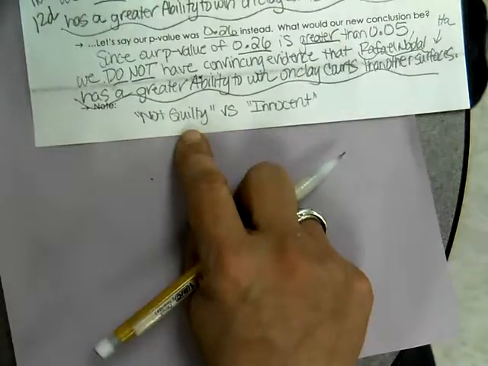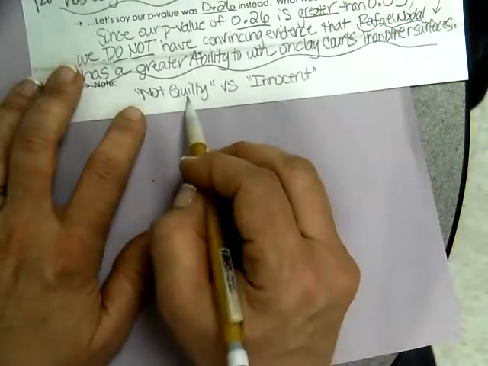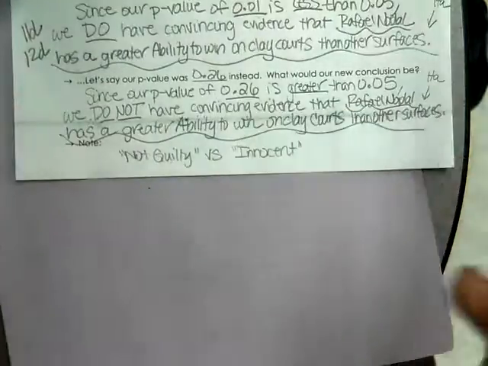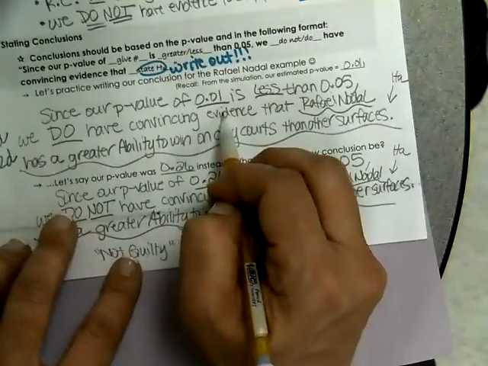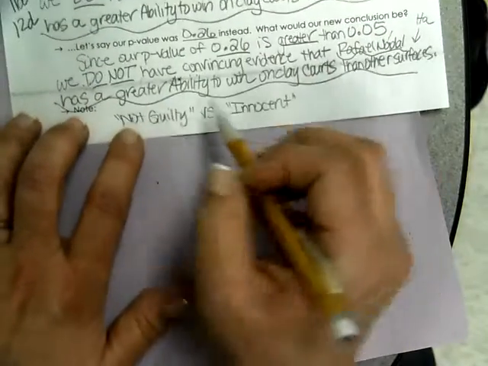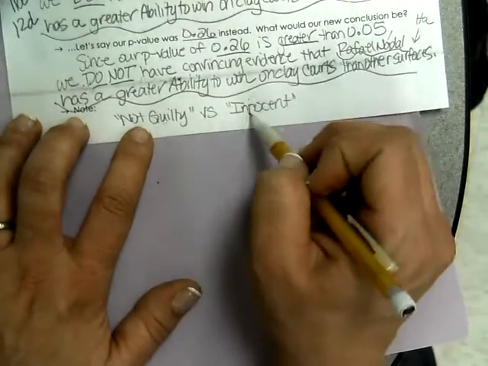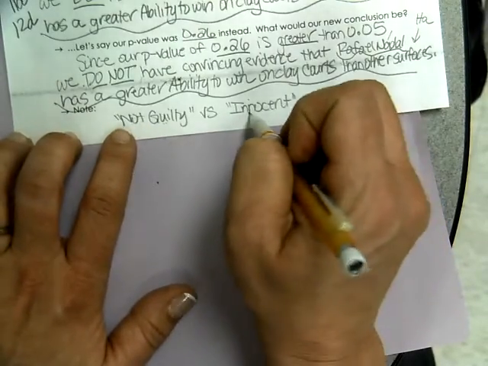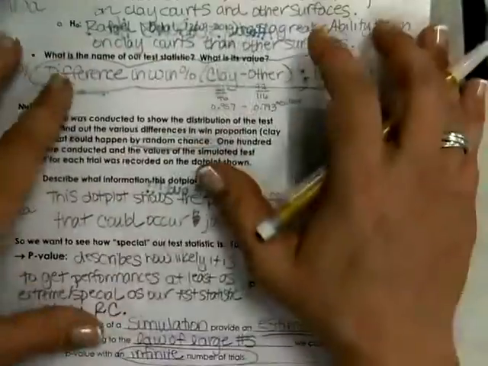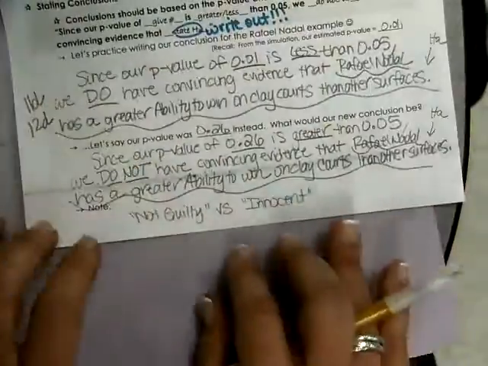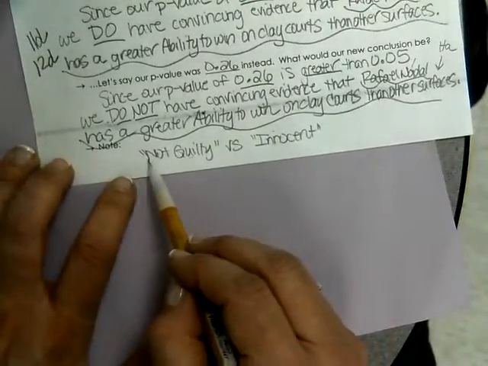And so for that reason, that's why the author wants us to say that they're either guilty, which is accepting our HA, or not guilty, not accepting HA. Because being not guilty doesn't necessarily mean they're innocent. It just means there's not evidence to convict, just like there may not be evidence that we had here to show that he had a different ability, but there might be if we had different data, okay? Don't worry too much about that.